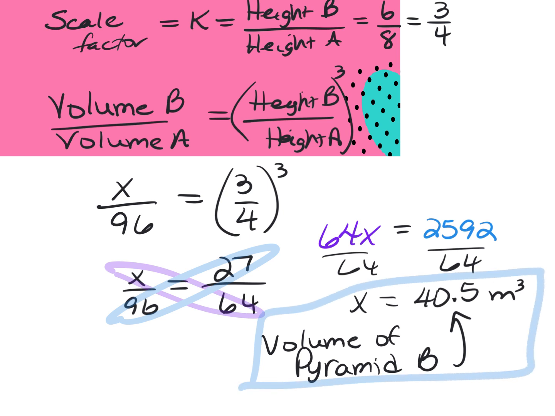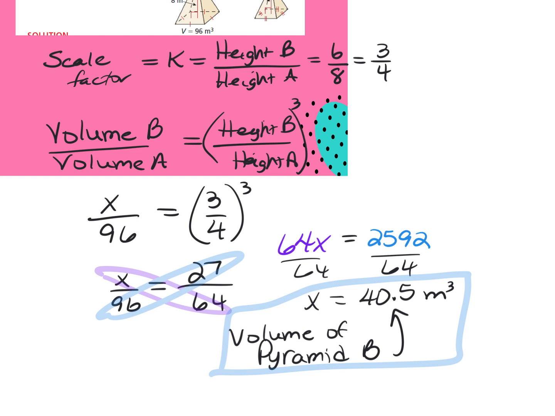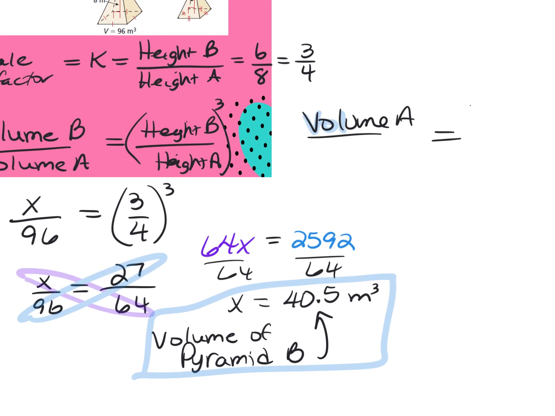The biggest mistake I'm going to see on the test is people are going to forget to cube that side length ratio. In this case, it was a height ratio, all right? So again, you could set your proportion up the other way. You could have done volume of A, but then over here, it needs to be height of A. So the top of the fractions need to come from the same solid.